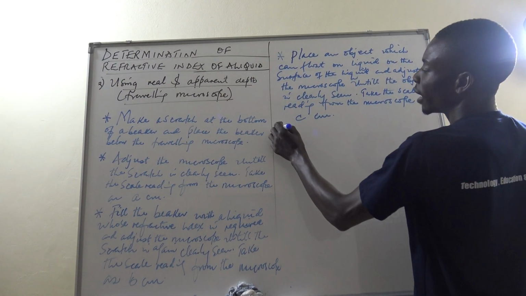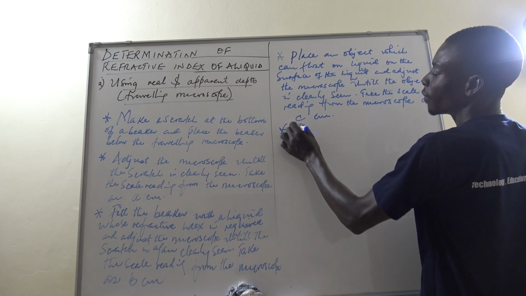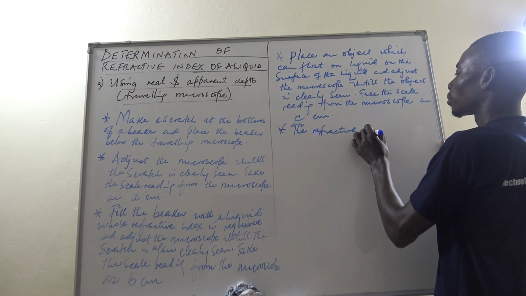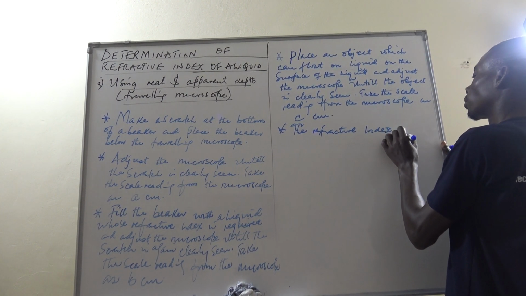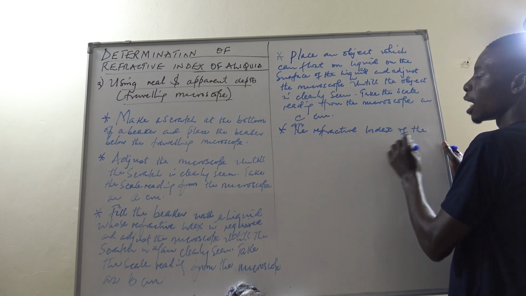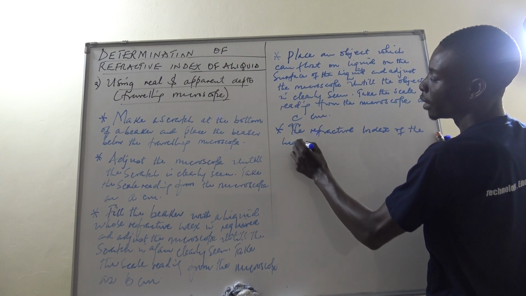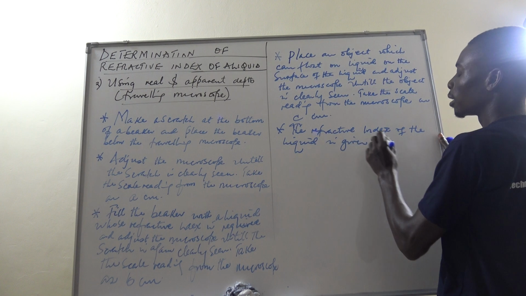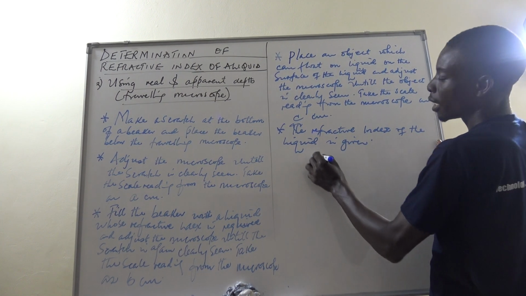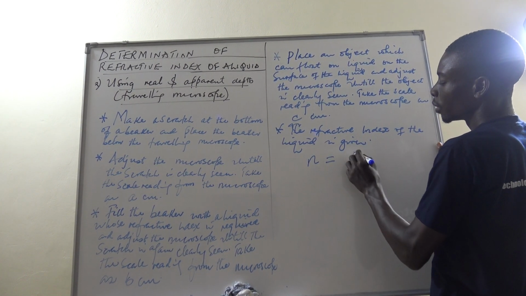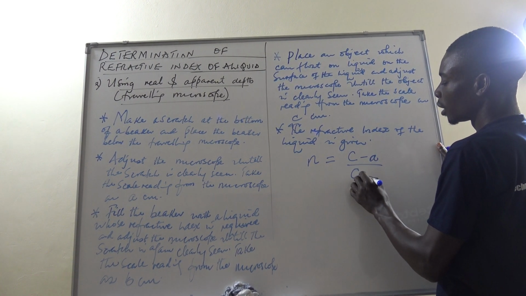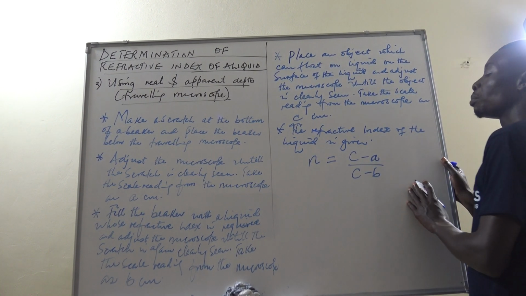And then we shall say the refractive index of the liquid is given by n equals (C minus A) over (C minus B).